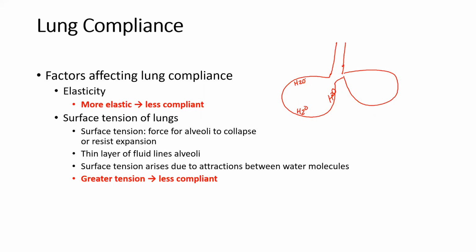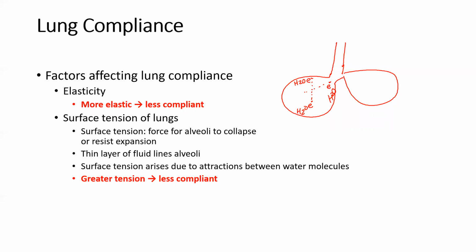It wants to be making interactions with other molecules. And so because of this oxygen that has these uneven pairing of electrons, we see this interaction between one molecule and another. So it wants to be making these interactions all across the surface of this alveolus. And so that is what we mean by surface tension.